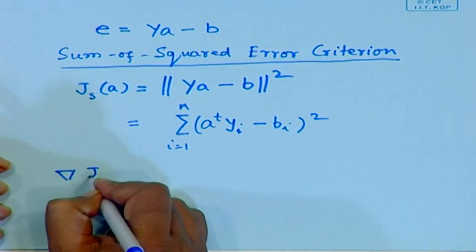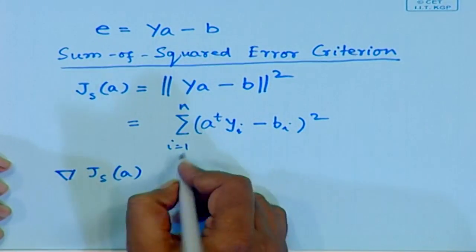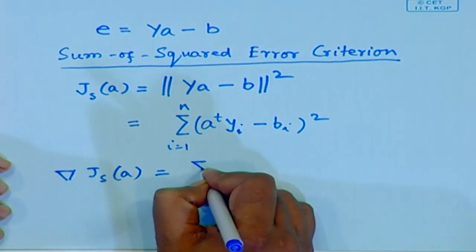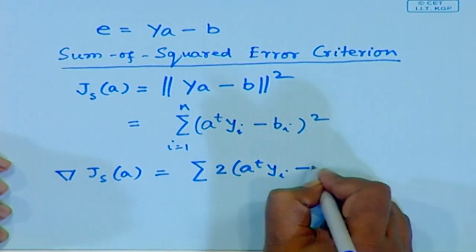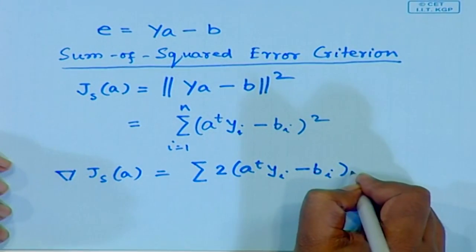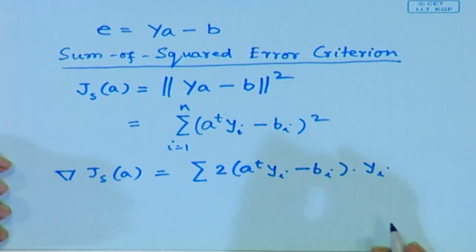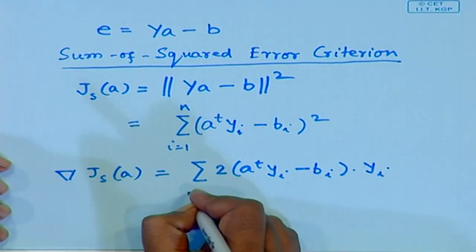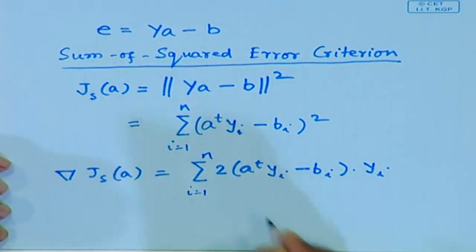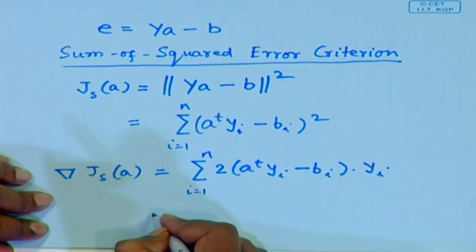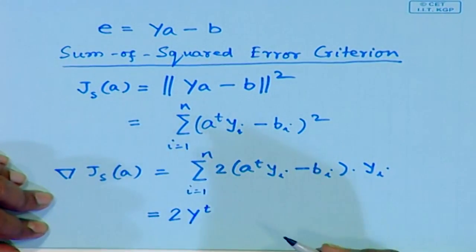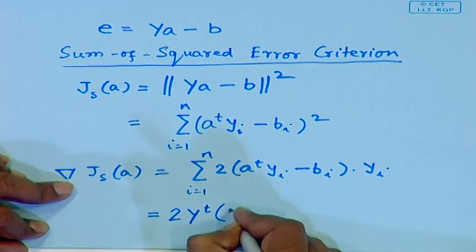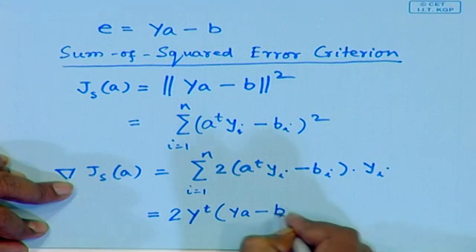So, the gradient of J_s with respect to a will be nothing but the sum of 2 (a transpose y_i minus b_i) times y_i, where i varies from 1 to n, which can simply be written in the matrix form as 2 Y transpose (Ya minus b).